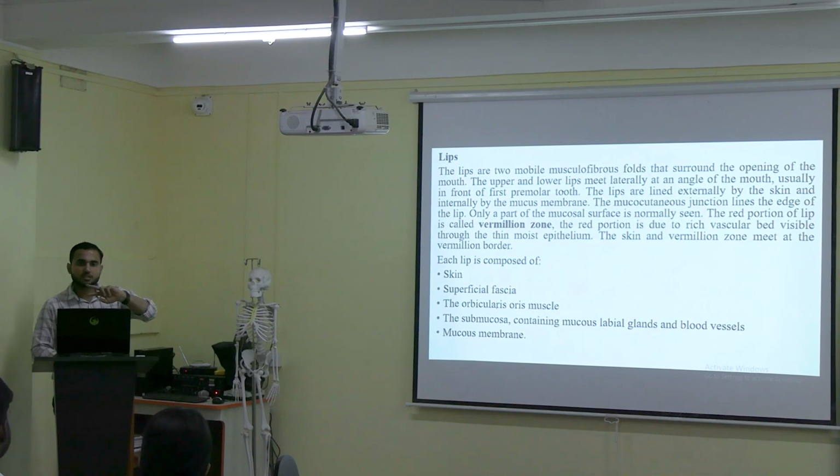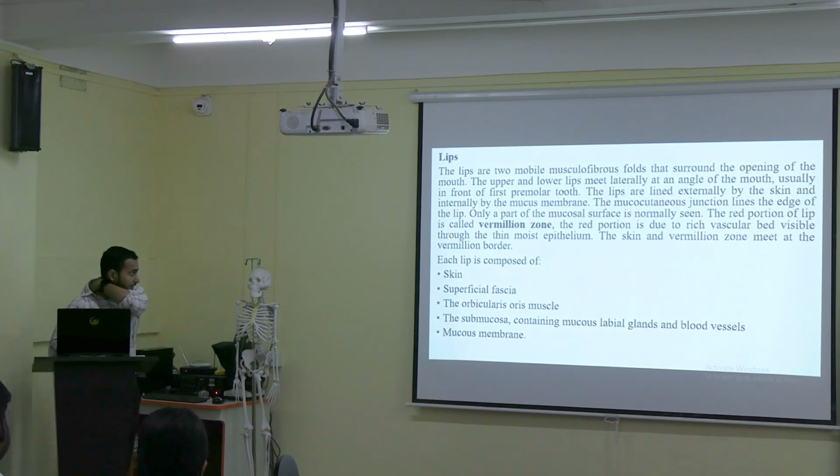In between these two zones, a demarcation is there, that is called mucocutaneous junction. That means where the skin and the mucous membrane join, that junction is called mucocutaneous junction, or also called the Vermilion zone.